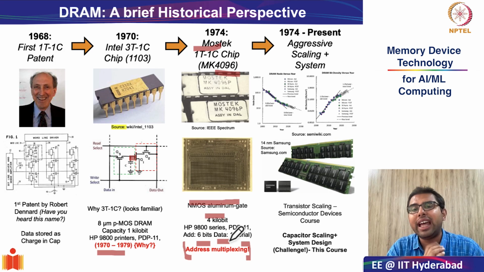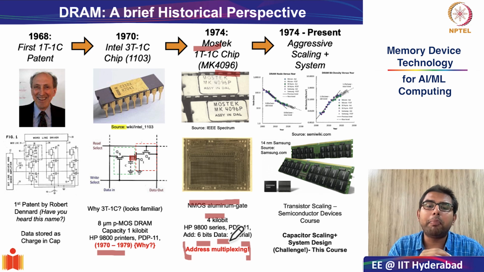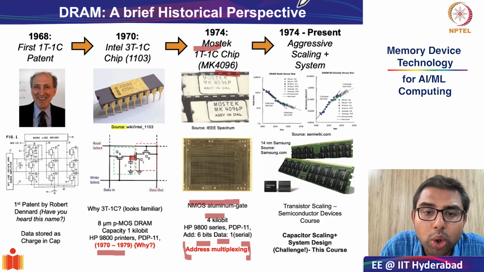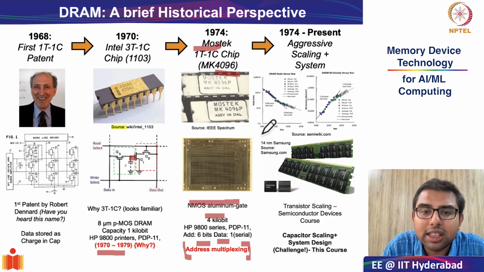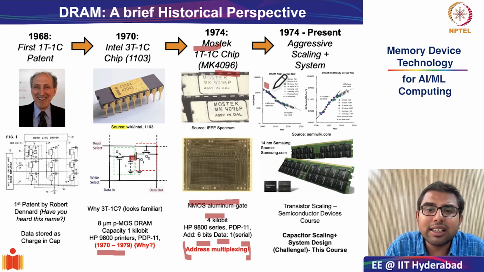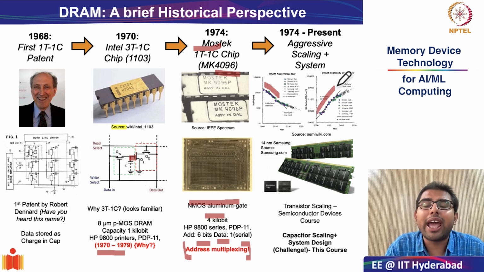Cut to our modern era, where we have been able to improve the performance of the DRAM cell quite drastically. So you may not be able to read, because the script is a bit small. Since the last few decades, we have been able to aggressively scale the technology node of the DRAM cell, and therefore improve exponentially the bit density, or the amount of memory GB per millimeter squared.